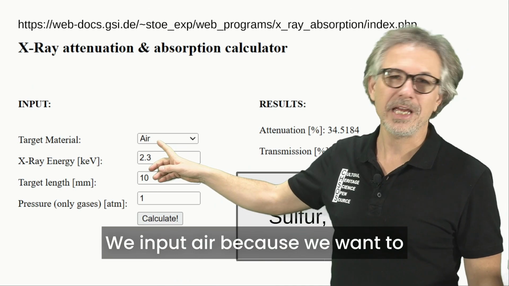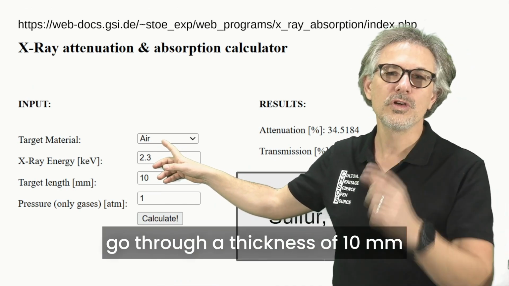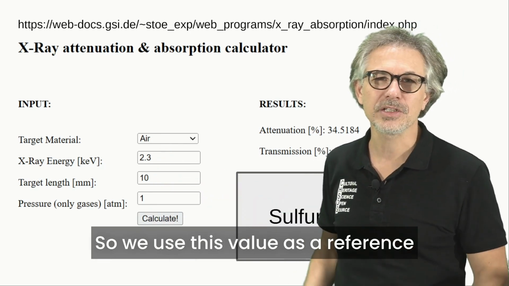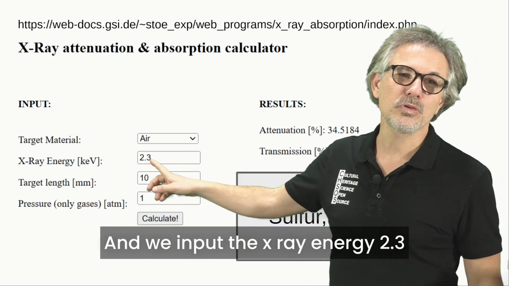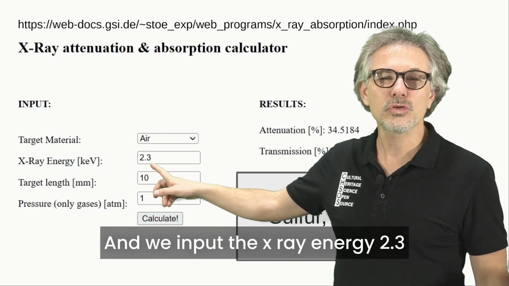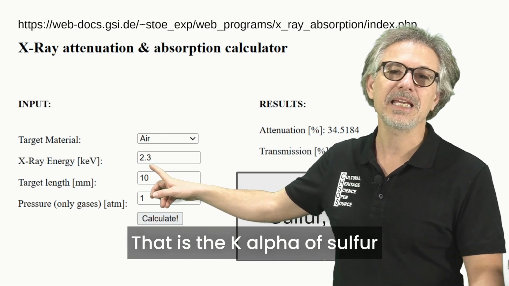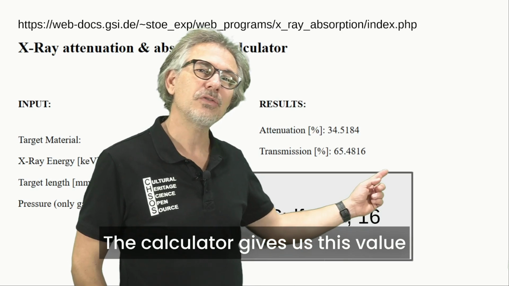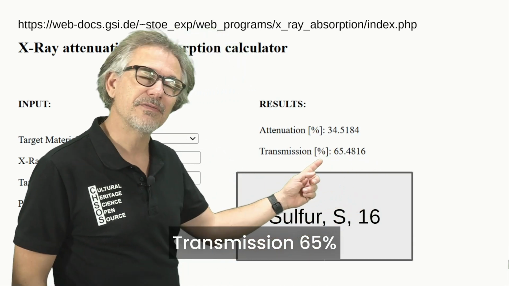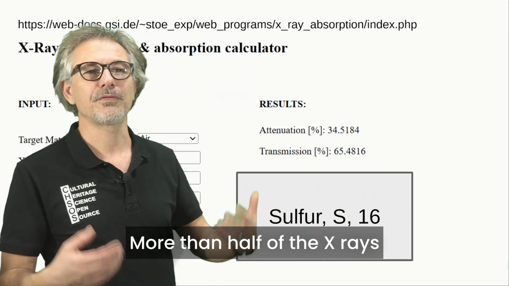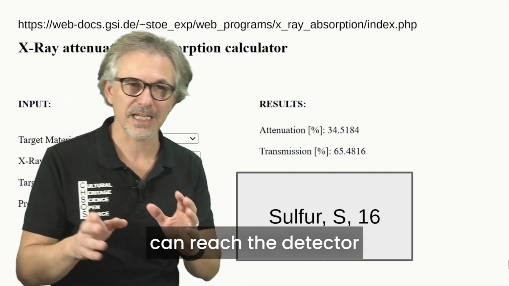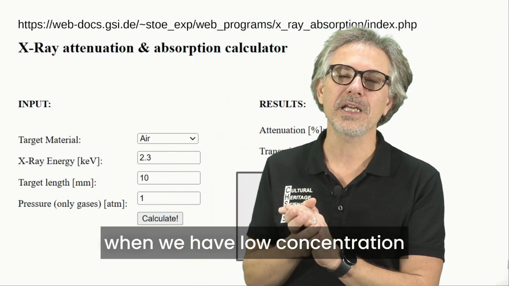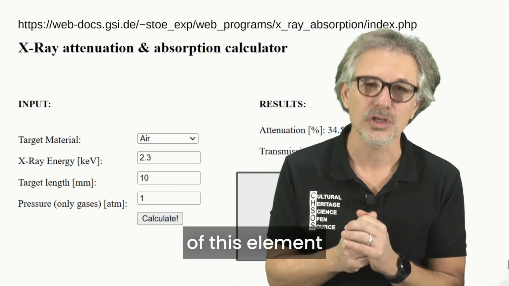We input air because we want to go through a thickness of 10 millimeters, so we use this value as a reference, and we input the X-ray energy 2.3, that is the K-alpha of sulfur. The calculator gives us this value, transmission 65%. More than half of the X-rays can reach the detector. We have hope that we can see sulfur even when we have low concentration of this element.